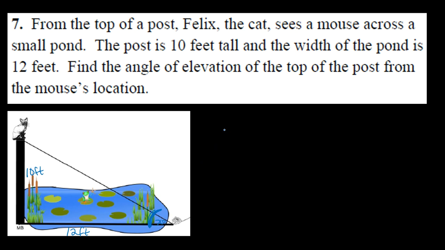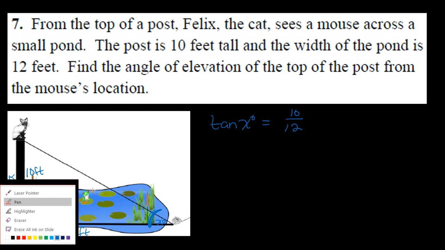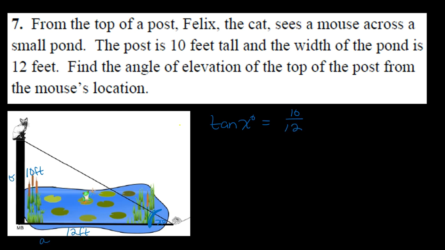So we'll be finding an angle measurement, so we'll use the inverse. We know opposite and adjacent, that's going to be tangent. So the tangent of some angle measurement is equal to 10 over 12. We're going to take the inverse of tangent on both sides.